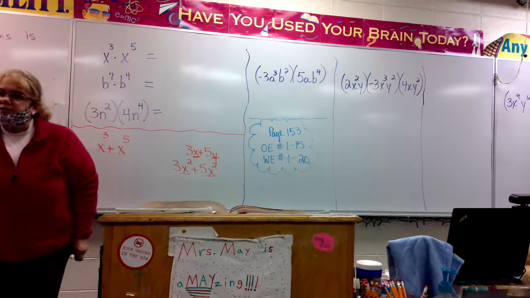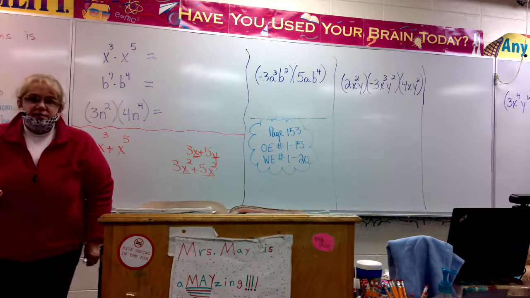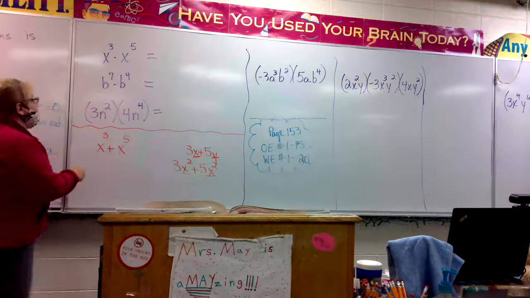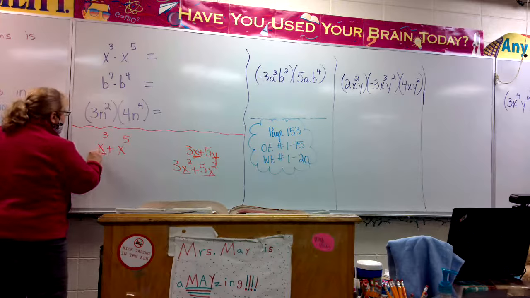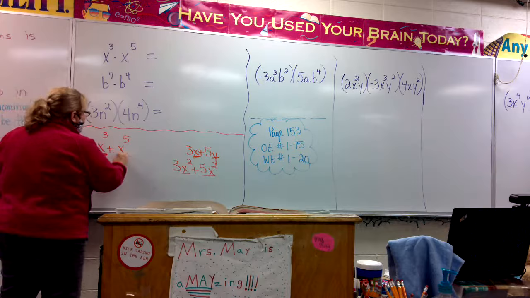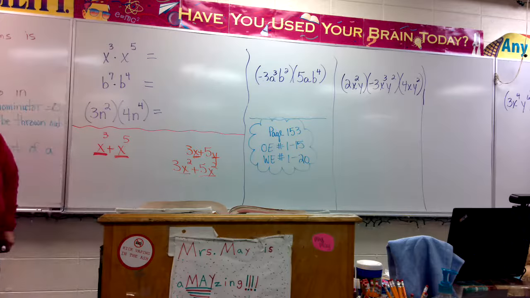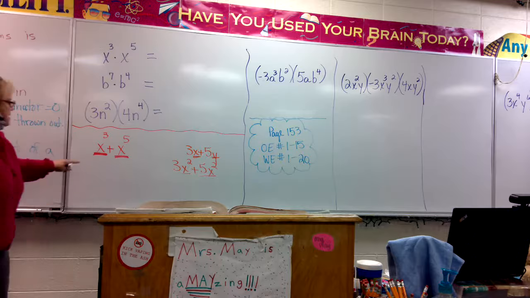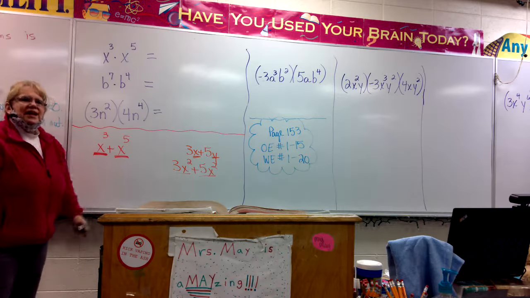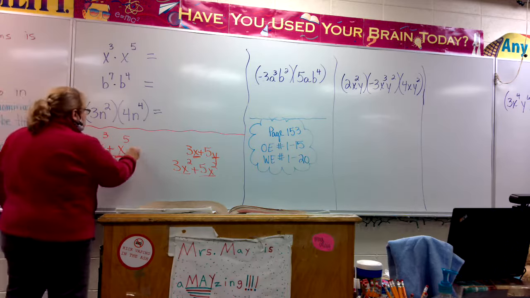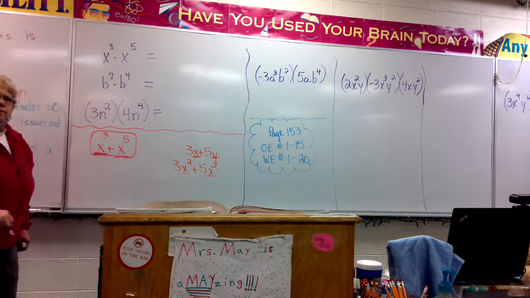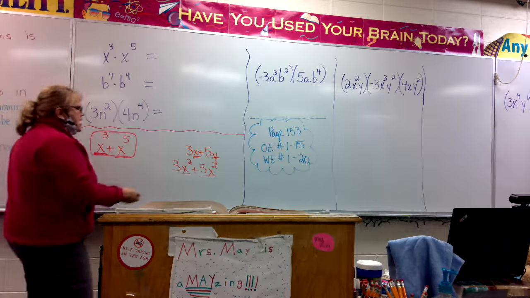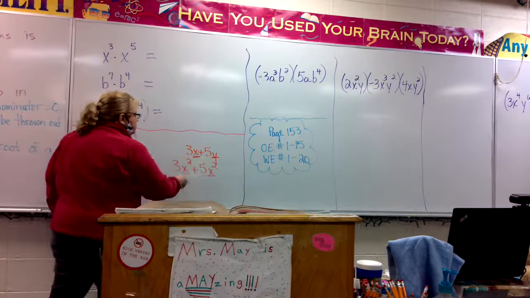Remember that? So if I ask you to add x to the thirds and x to the fifths, you cannot add x to the thirds with x to the fifth. This would just be your answer, right? If I ask you to add x's and y's, you can't.